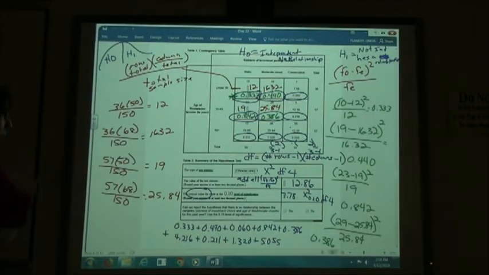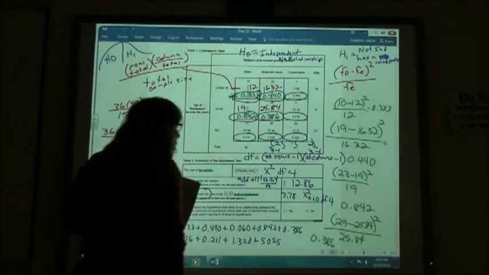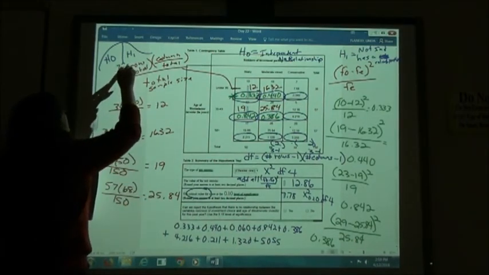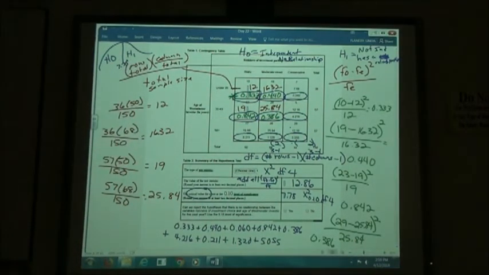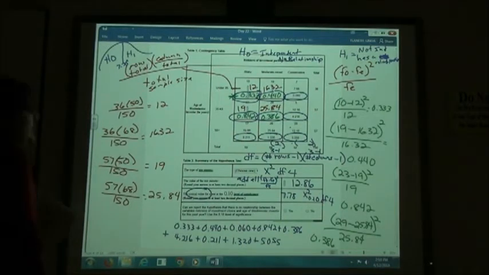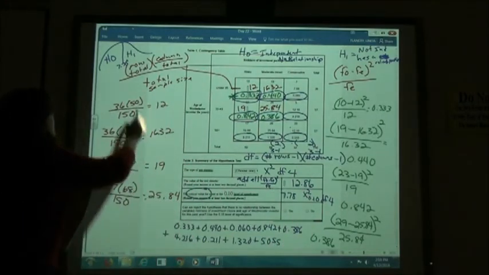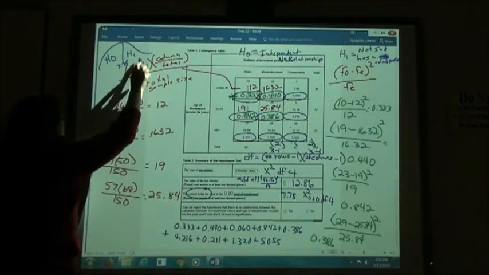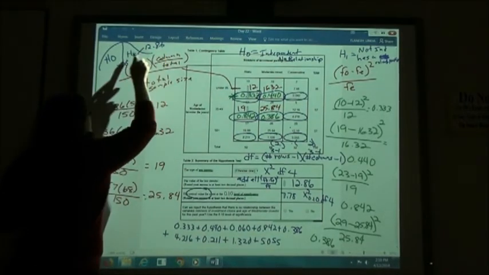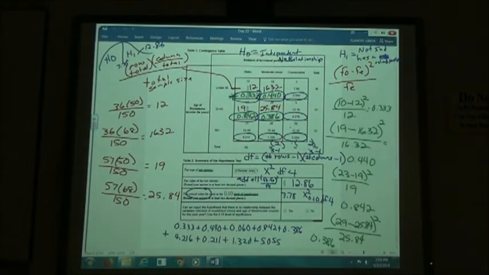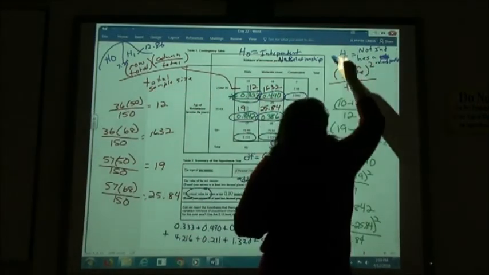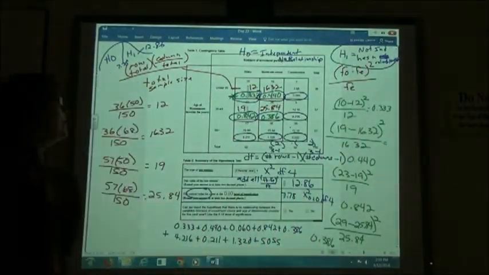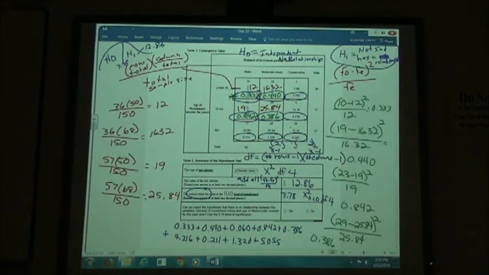So my critical value was 7.78. Is the test statistic in the H0 section or the H1 section? Well, my test statistic is 12.86, which is bigger than that number, so it falls in my alternative hypothesis. So my alternative hypothesis is that it's not independent and it does have a relationship.